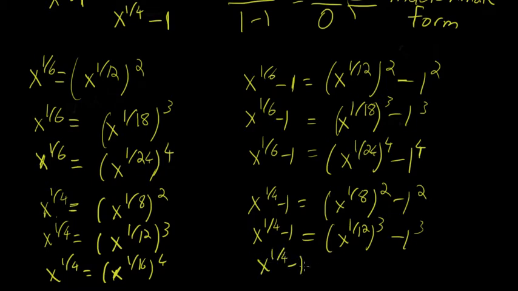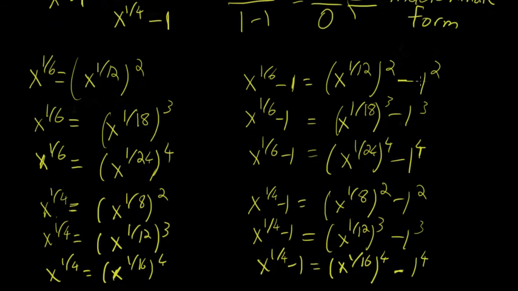And if we wanted to express it as the difference of things raised to the fourth power, I don't know whether there's a term for that, like you have squares and cubes for second and third powers, it'd be x to the 1/16 raised to the fourth minus 1 to the fourth. So those are a bunch of different ways of writing the numerator. We have 3 different ways shown here and 3 different ways of writing the denominator.